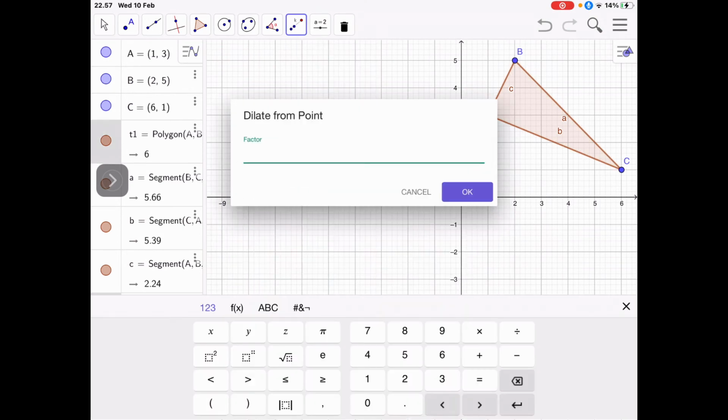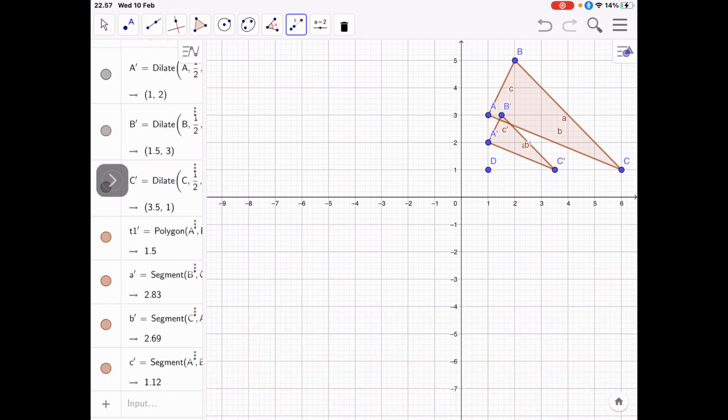Now the scale factor, if we choose, is 1 by 2. So what happens to the triangle? You can see it is still known as enlargement. The ratio of A prime B prime to AB is 1 by 2. If it is negative 1 by 2, it will get reduced to the other side of the center of enlargement.